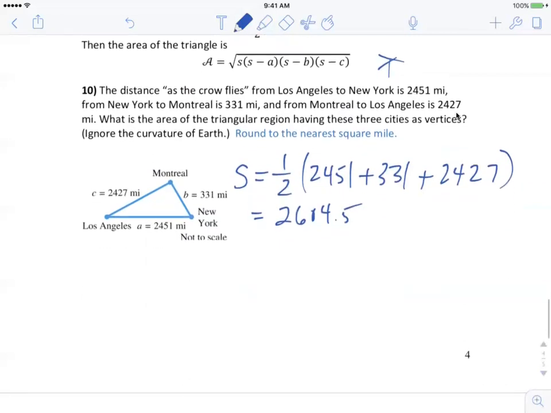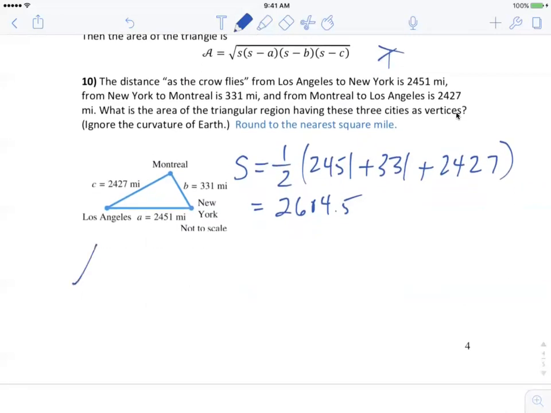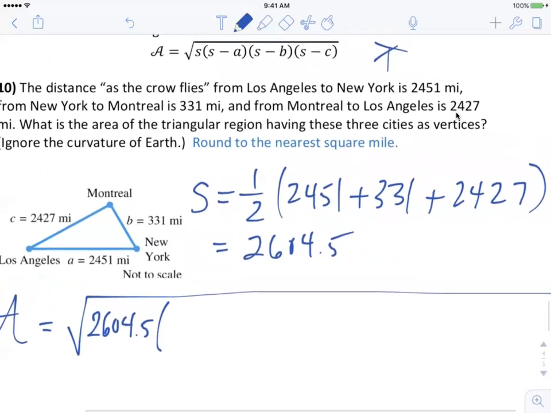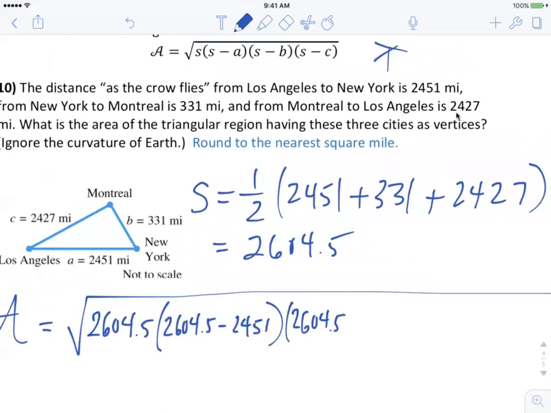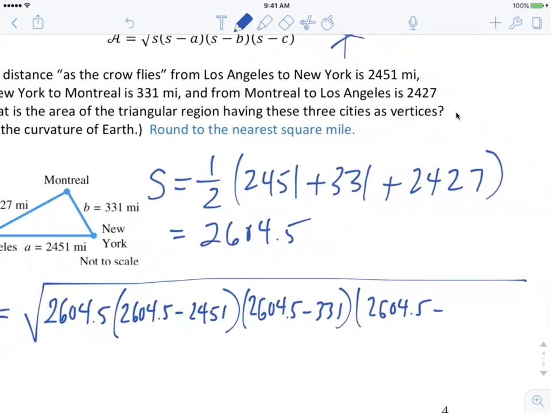Now plug into that area formula. My fancy A for area equals the square root of a lot of stuff. So I put in the S, and then it's S minus A in parentheses, and then S minus B in parentheses, and then S minus C in parentheses.